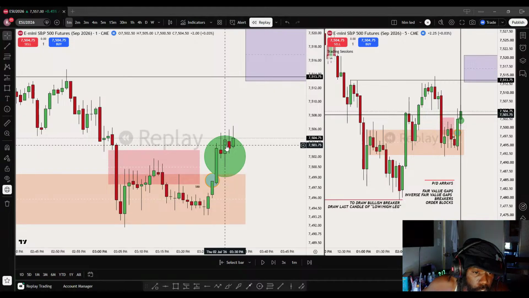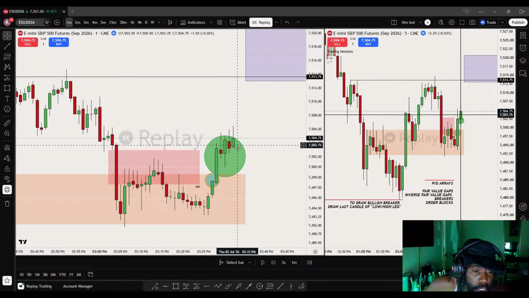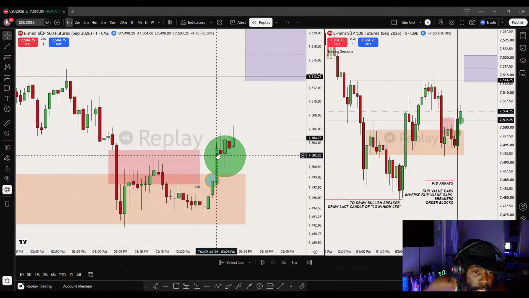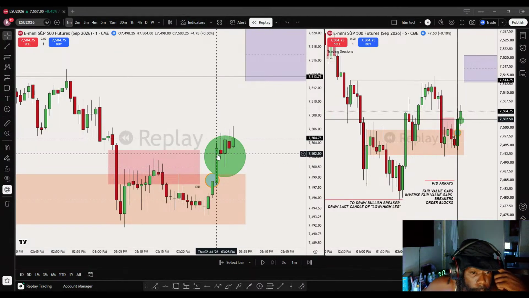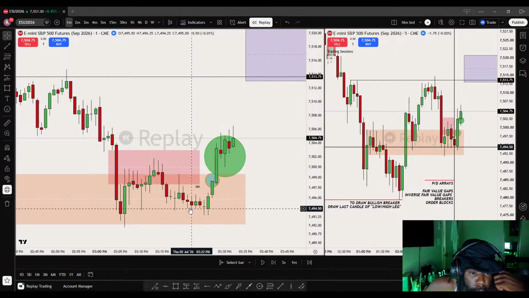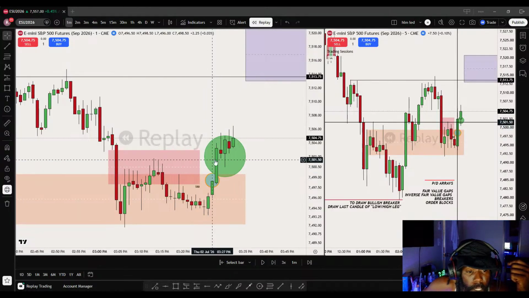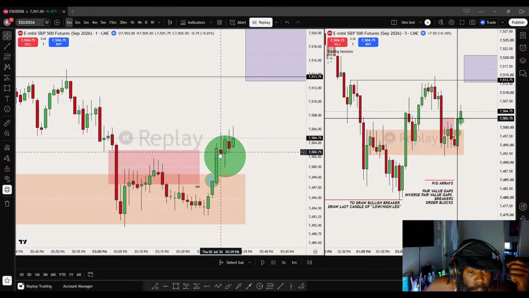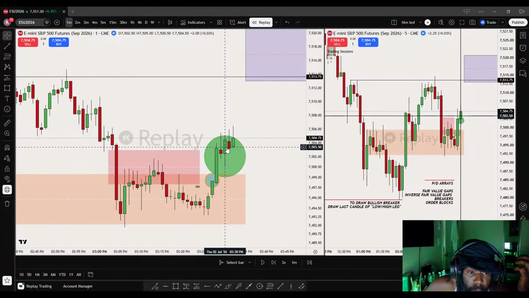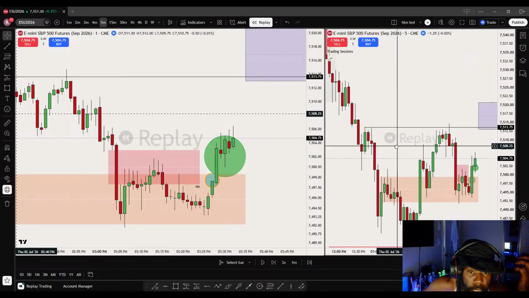This green candle right here would have probably been my entry, where this green circle is at. Anywhere in there, I probably would have caught an entry. It definitely would have been this green candle right here, though. Because remember, I always said I wait for 2 candles to leave. So this was the first one. The second one was bearish. I wouldn't have caught the bearish candle, but I would have caught this bullish candle as an entry, and I would have targeted... let me see.